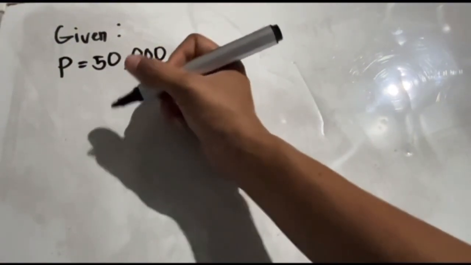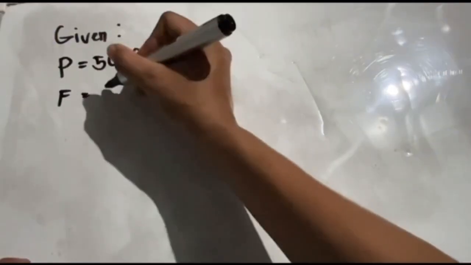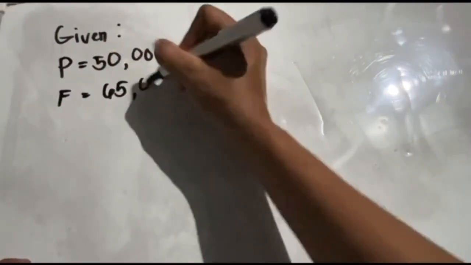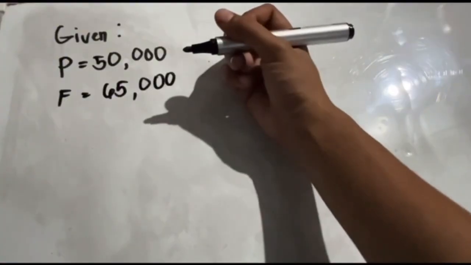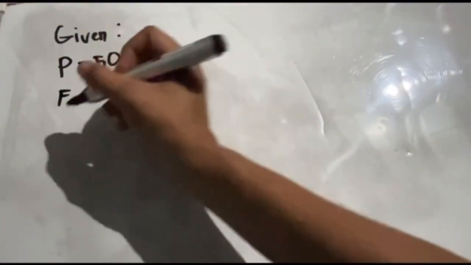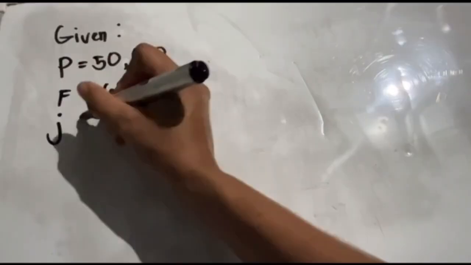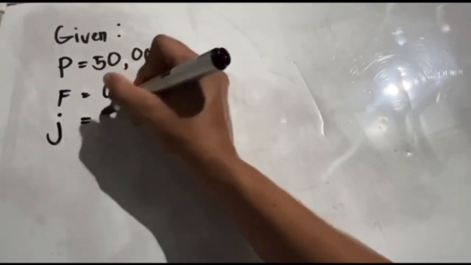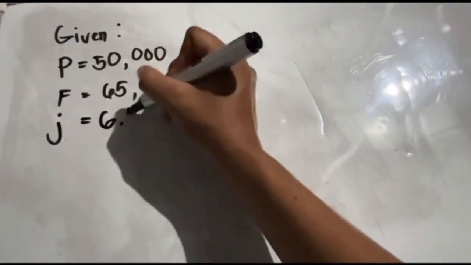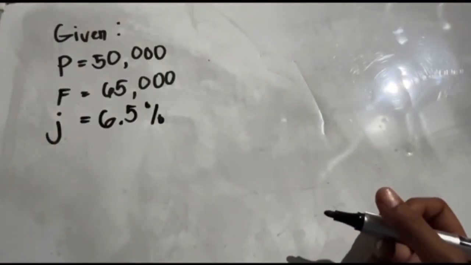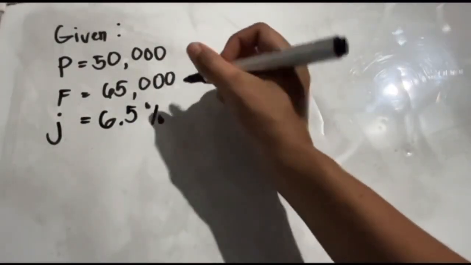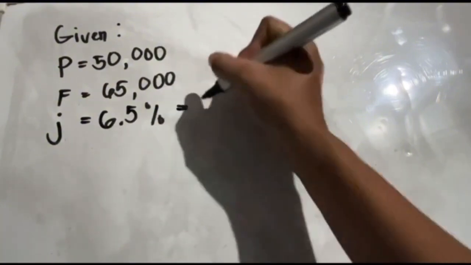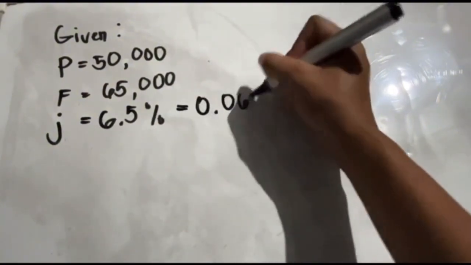For the F, that is the future value. So, future value is 65,000. And the interest rate, I'm just using this time the letter J. Our interest rate is 6.5%. To convert it to decimal, we just divide it by 100, so it equals 0.065.